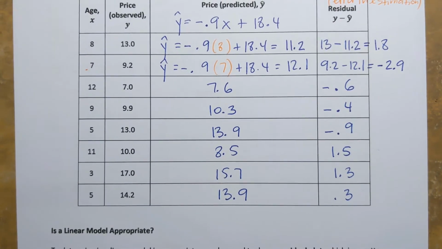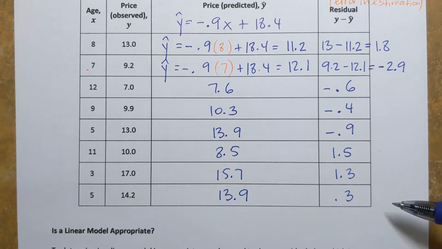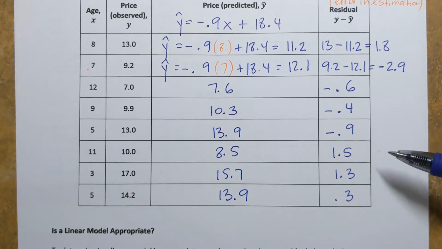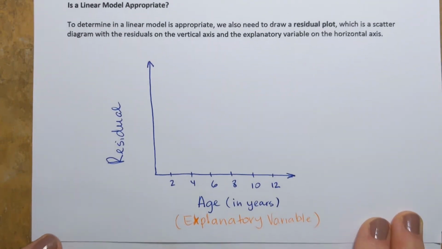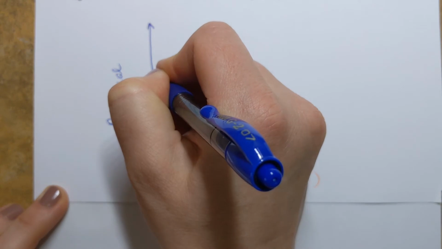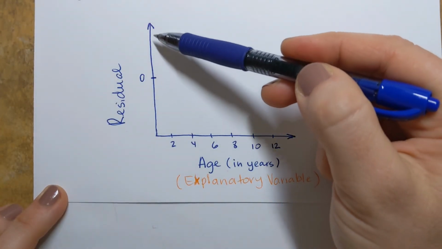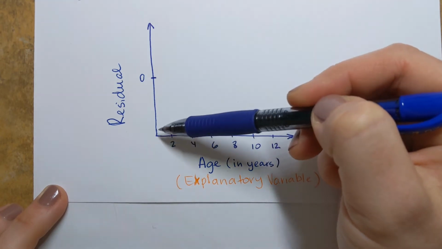As we already know, some of them are positive for underestimation and some of them are negative, that's when overestimation happens. So we need to label the vertical axis in such a way that we can plot both positive and negative numbers. This is how it's done. We're going to put 0 in the middle of the vertical axis, and then above, we're going to place positive values, and below, we're going to place negative values.